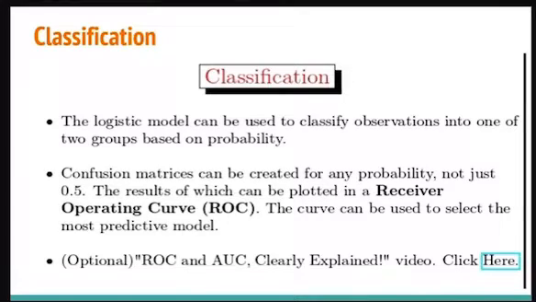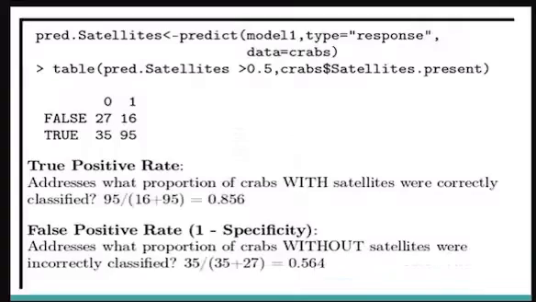What we do there is plot two rates, and with that we decide on a particular threshold. But before I go into that, let's first calculate the true positive rate for this.